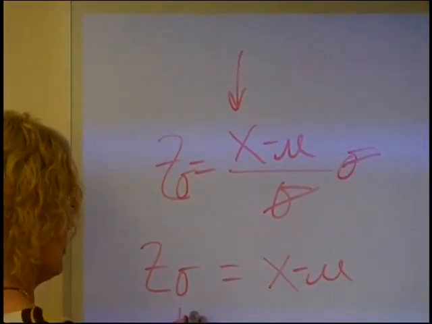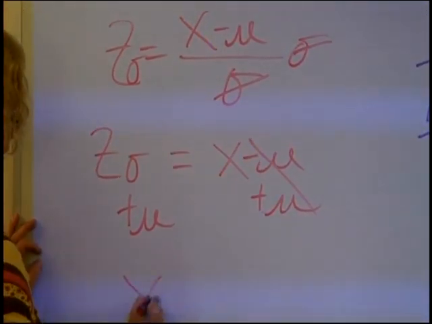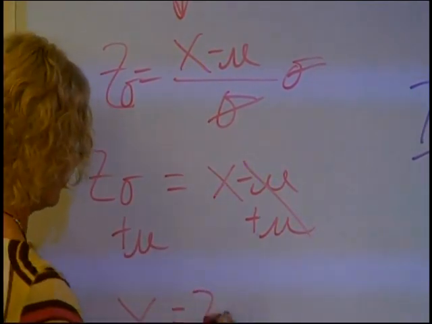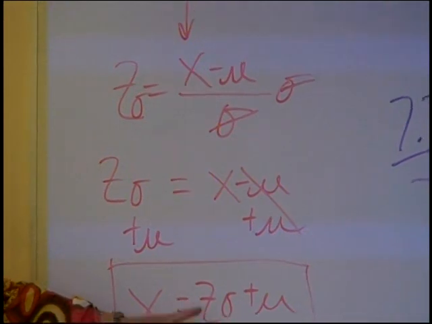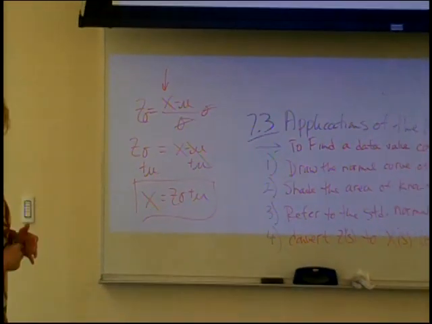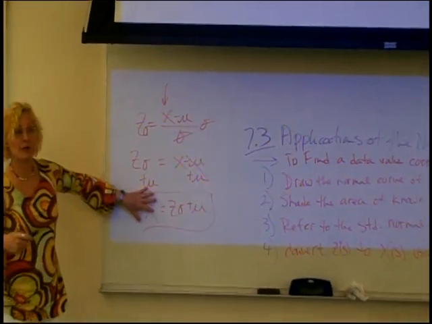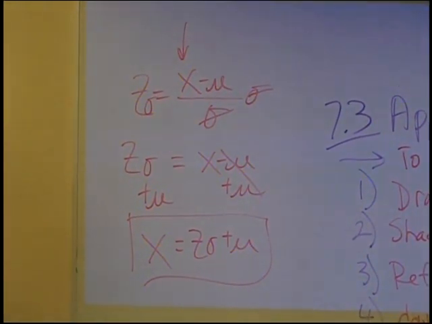You have x equals z sigma plus mu, and it takes you from a z-score back to an x. Make sense? I just wanted to show you how that is. You don't have to do that every time. You can just use the formula.